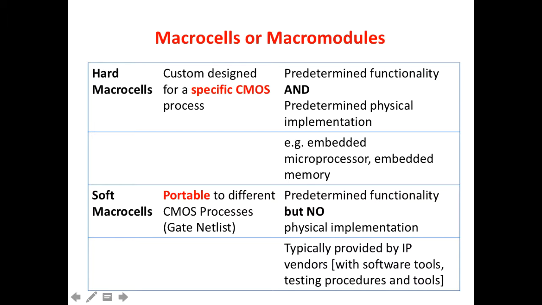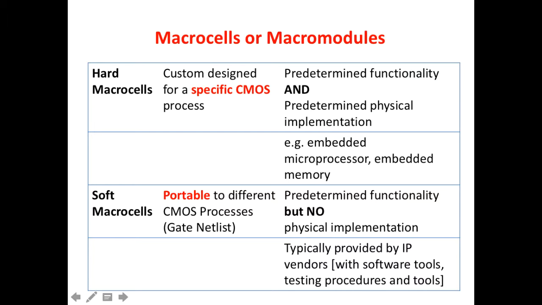So it means that you cannot change, it is optimized for that specific CMOS process. So the performance for that specific CMOS process is better than what you can have with the soft macro cells. But of course, if you want to change after 2 years the CMOS process that you want to use, the macro cell that you have is not good anymore. You need to buy a new hard macro cell.